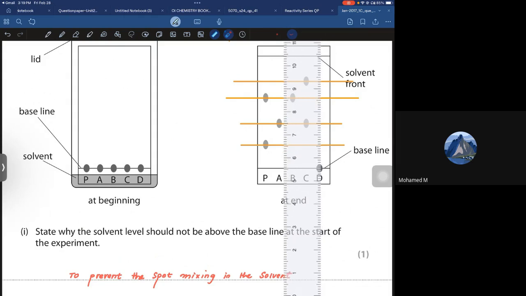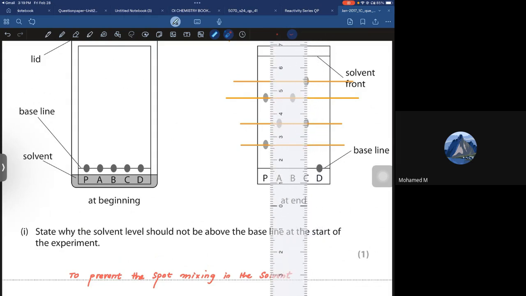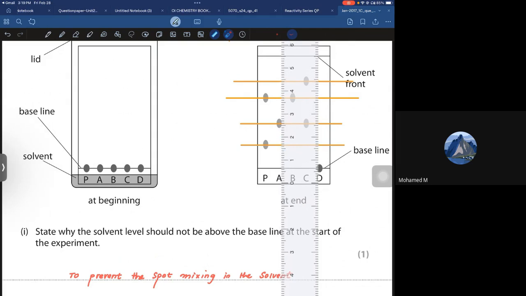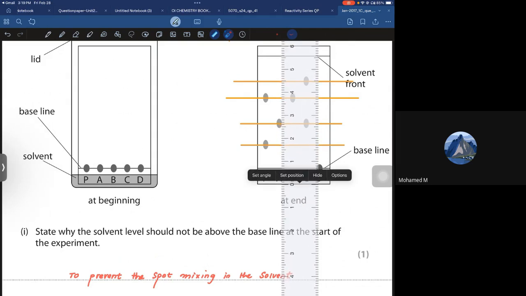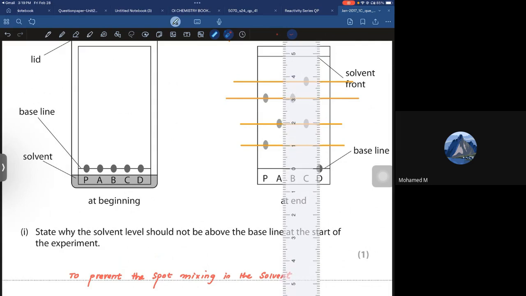Okay, this is 0, this is your baseline, and approximately in millimeters if I'm going to count, this is 10, this is 20, then this is 30, then 40, then 50.